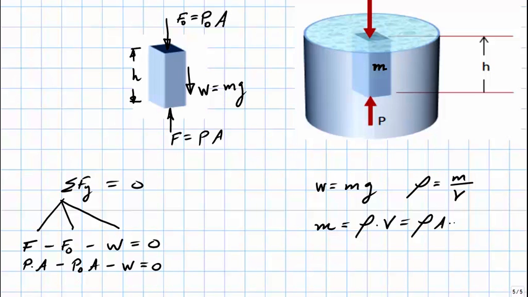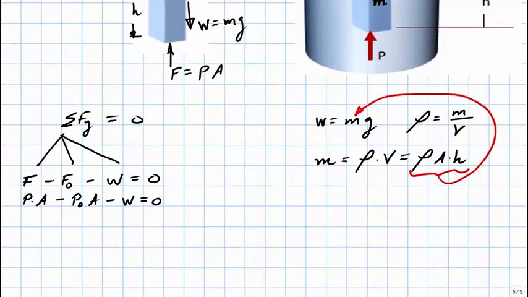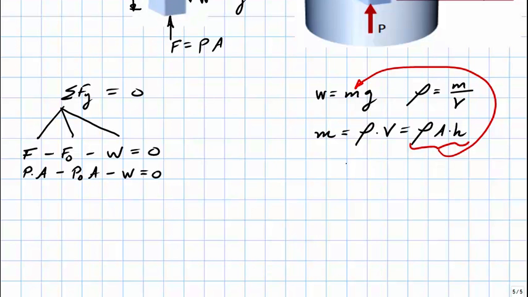Again, the volume equals the area times the height. If we substitute this result into the weight equation, the weight can be written as density, area, height times g.